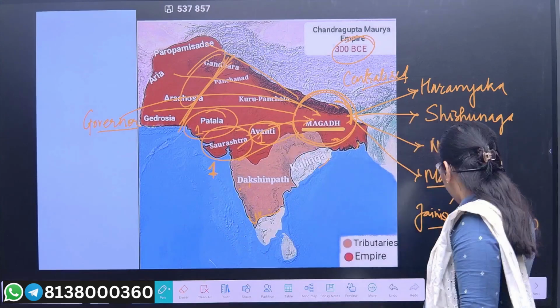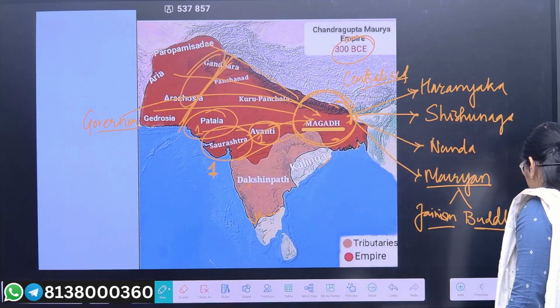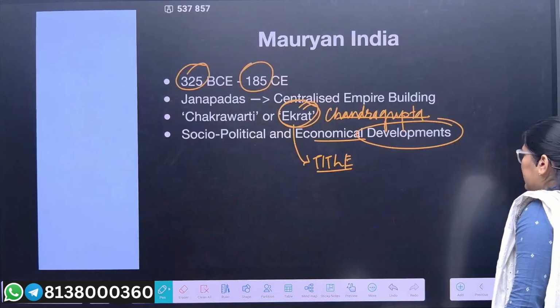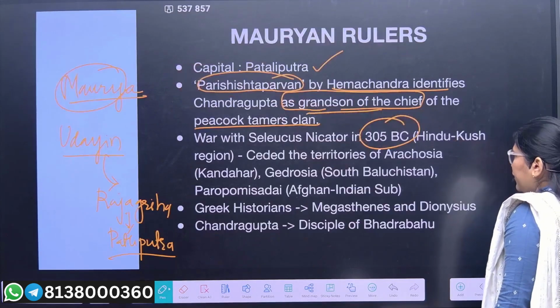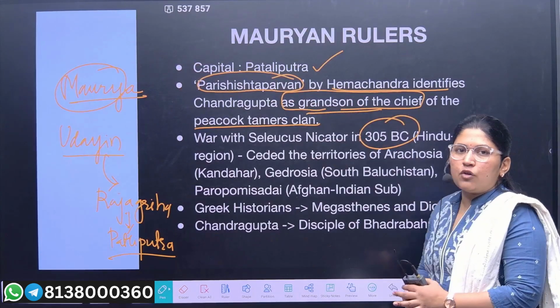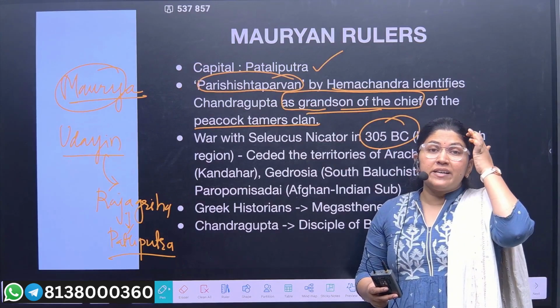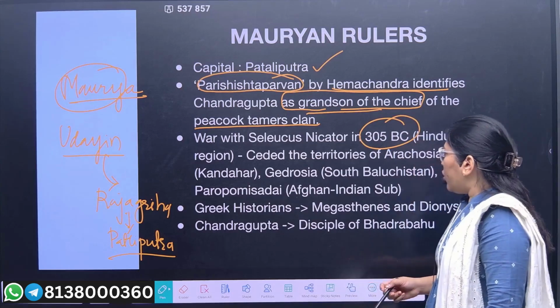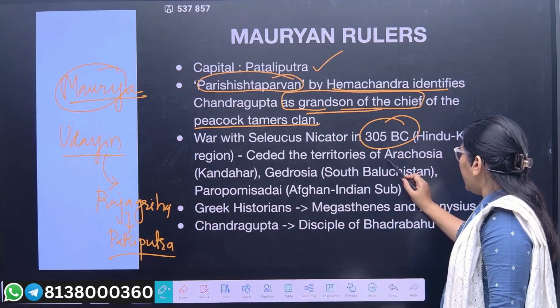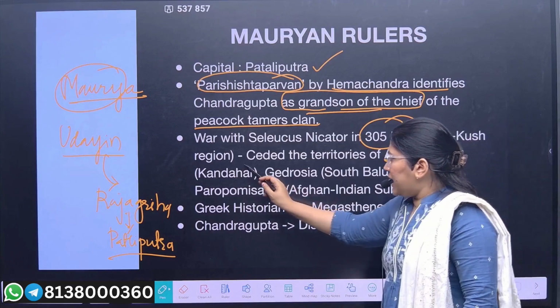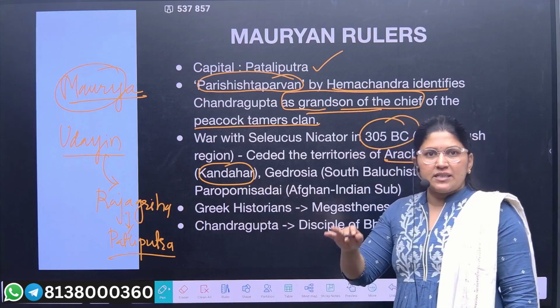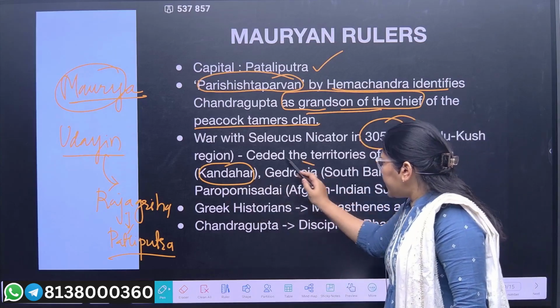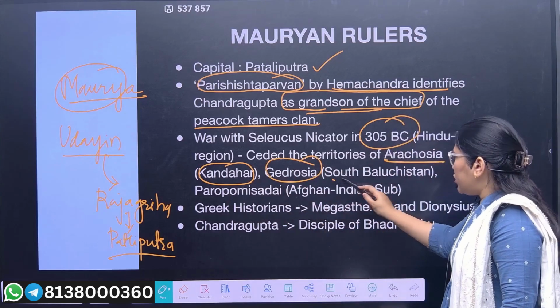Here he would be having the war with Seleucus Nicator, which was the significant war and the first of its kind, where he expanded his empire beyond the northwestern region. He ceded the territory of Arakosia, that is Kandahar, in present Afghanistan, then Gedrosia, South Balochistan.